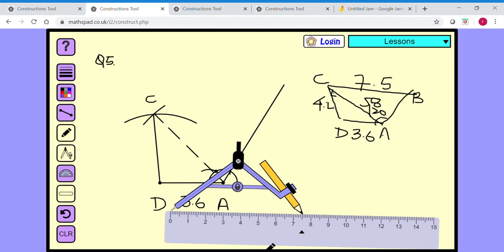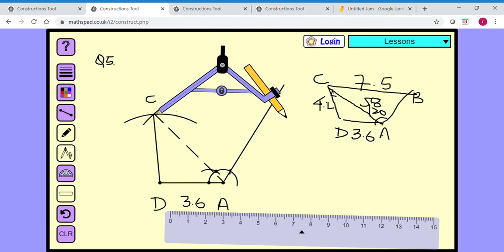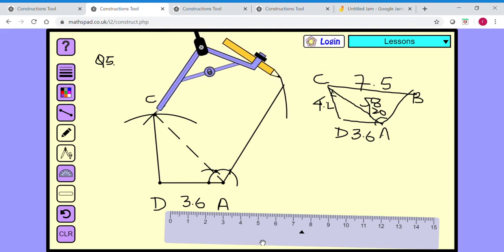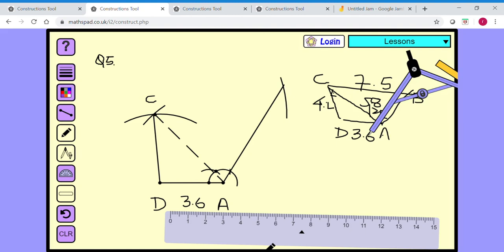Perfect. I've got 7.5. So I keep it on C and mark an arc cutting this line somewhere here. Perfect. So this point is point B, and I take a scale and join it directly.